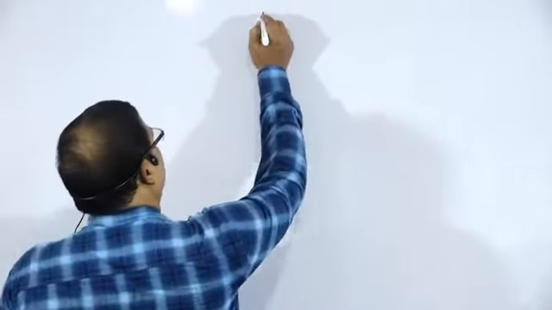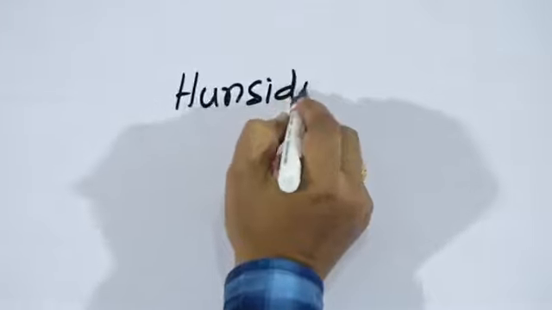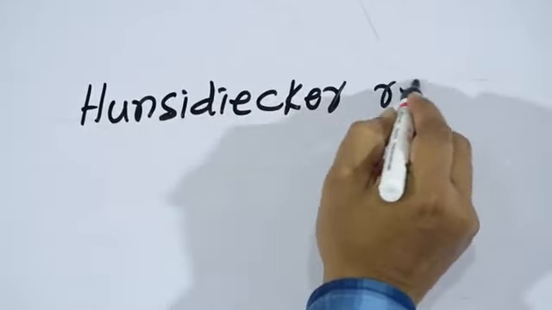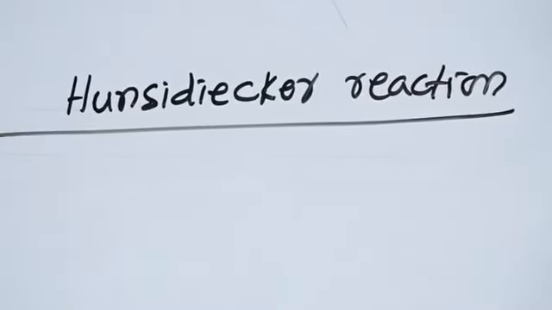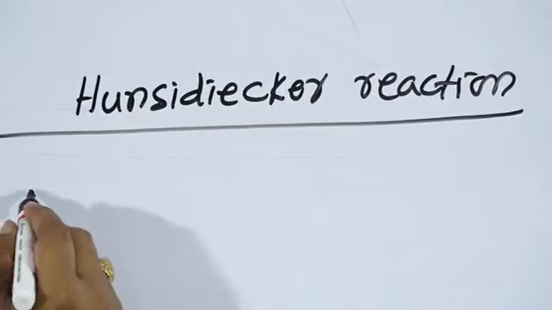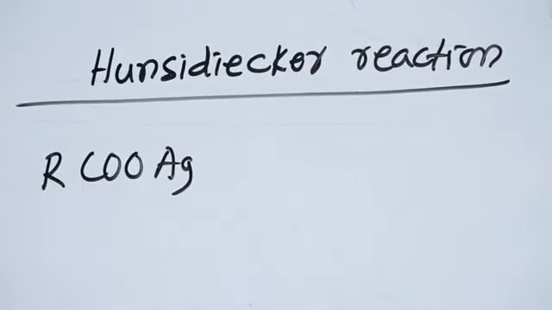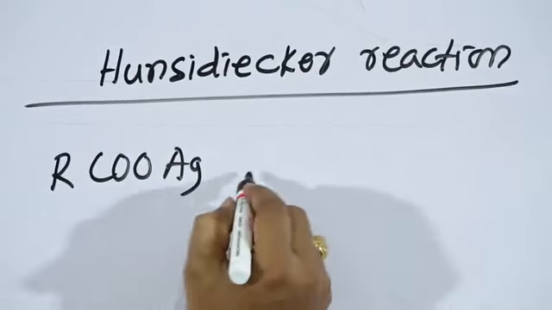In the Hunsdiecker reaction, the silver salt of the acid, RCOOAg, is treated with Br2.